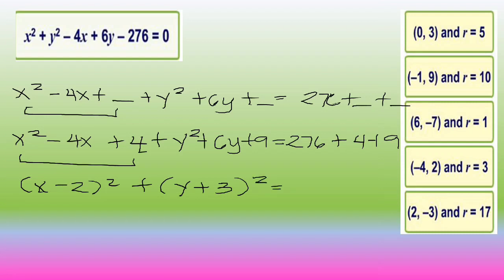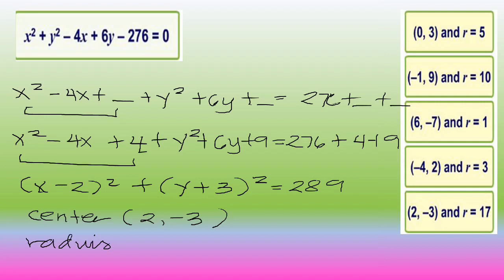That is equal to 289. Okay, so our center now is at 2 comma negative 3, and our radius, so that is the square root of 289, that is equal to 17. So this is our answer.